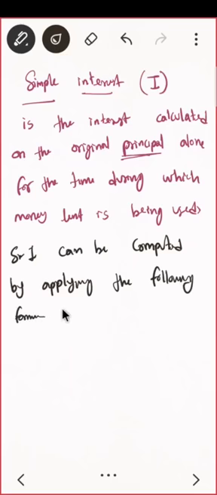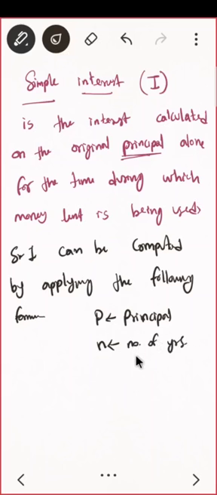You must have studied this in 10th. If P is your principal, N is the number of years, and R percent per annum is the rate of interest, then simple interest SI is equal to PNR upon 100.